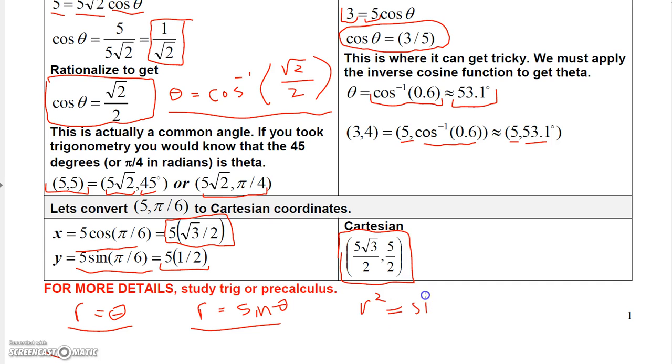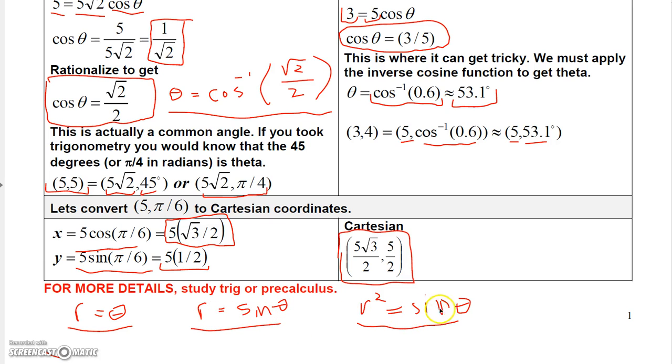Actually, these formulas can be converted to formulas involving x and y. Sometimes it's difficult, sometimes it's not so difficult.